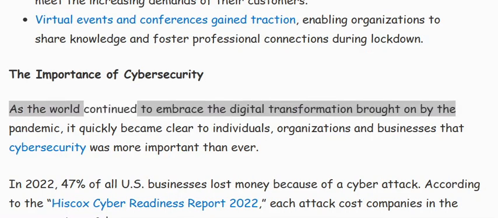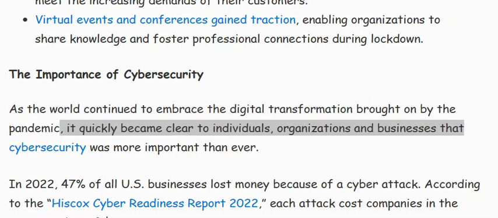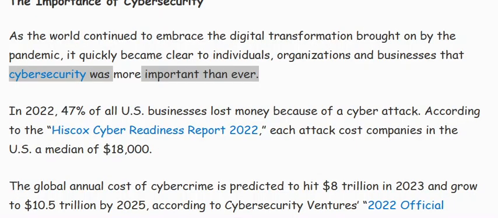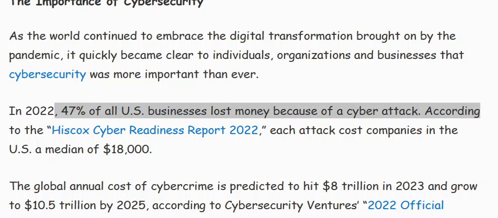As the world continued to embrace the digital transformation brought on by the pandemic, it quickly became clear to individuals, organizations, and businesses that cybersecurity was more important than ever. In 2022, 47% of all US businesses lost money because of a cyber attack.